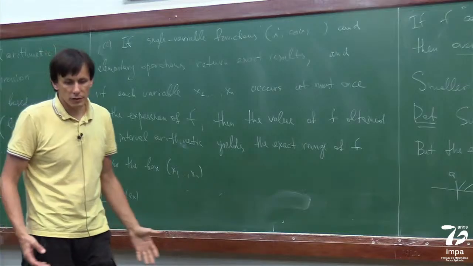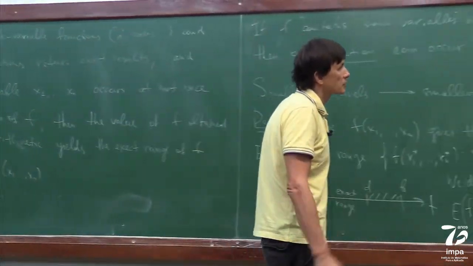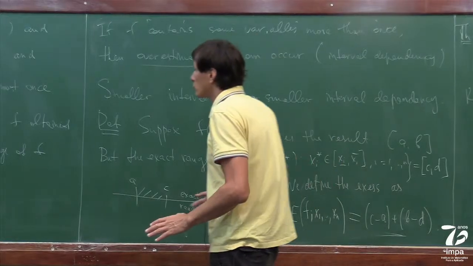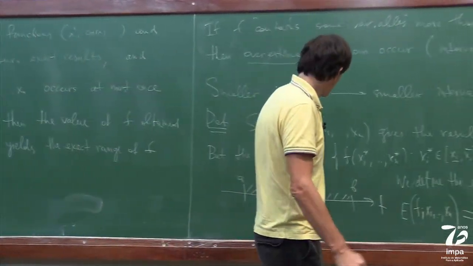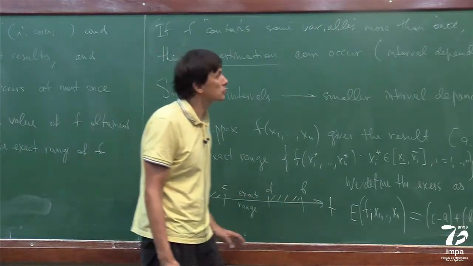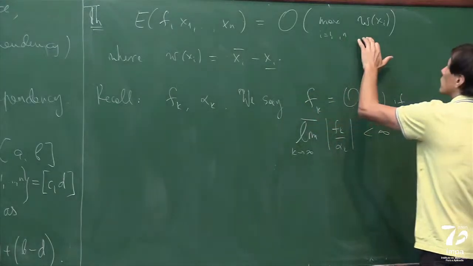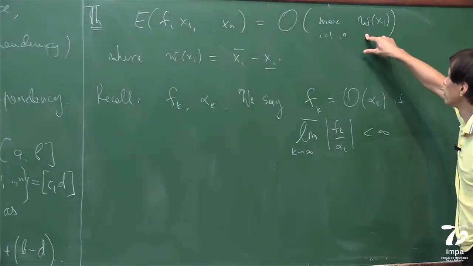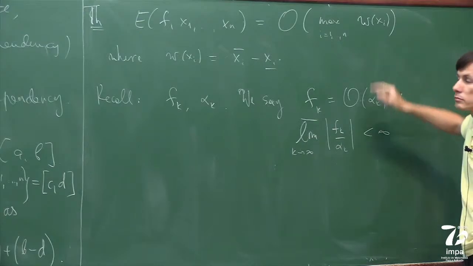Maybe you have to use it 1,000 times, so you cannot avoid it. But if you have a good computer and can use very small intervals, then the excess can also be small. By order of magnitude, your excess will be estimated by the largest interval that you use.